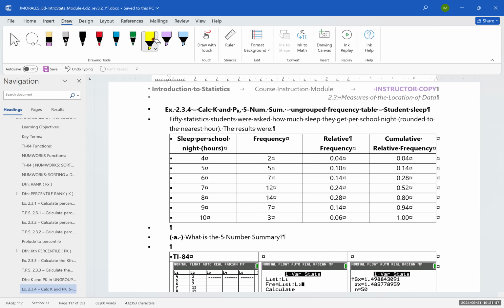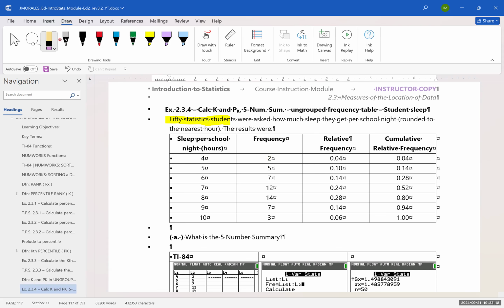So in this example, 50 statistics students were asked how much sleep they get per school night, rounded to the nearest hour, and the results are presented in this frequency table. So you can see here, under 4 hours, there were two students that got 4 hours of sleep a night with a relative frequency of 4% and the cumulative relative frequency of 0.04.